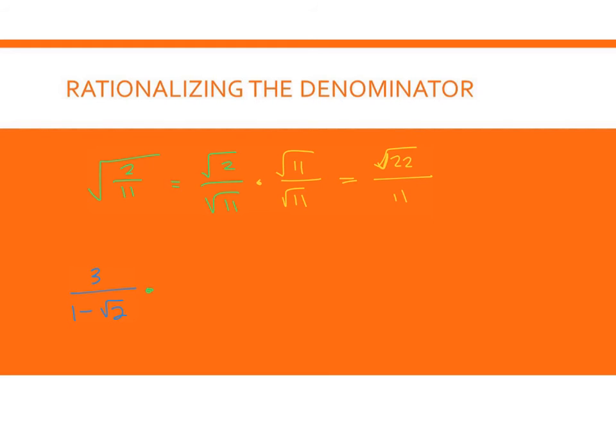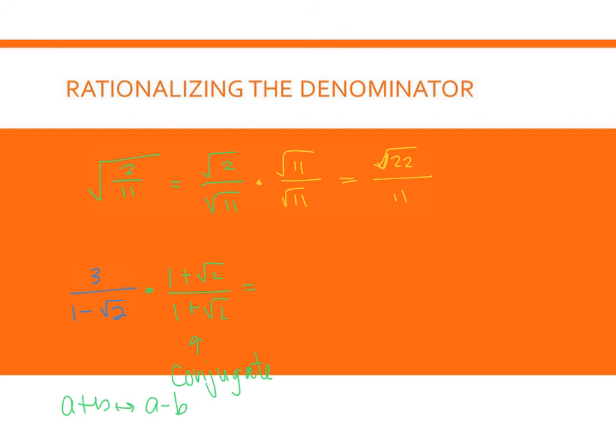In this case, you would multiply by the conjugate. So still 1, but this is called the conjugate. That's how you spell it. All right. And the conjugate is just replacing the middle sign. So if we have a plus b, the conjugate is a minus b, or vice versa. So those are conjugates of each other.